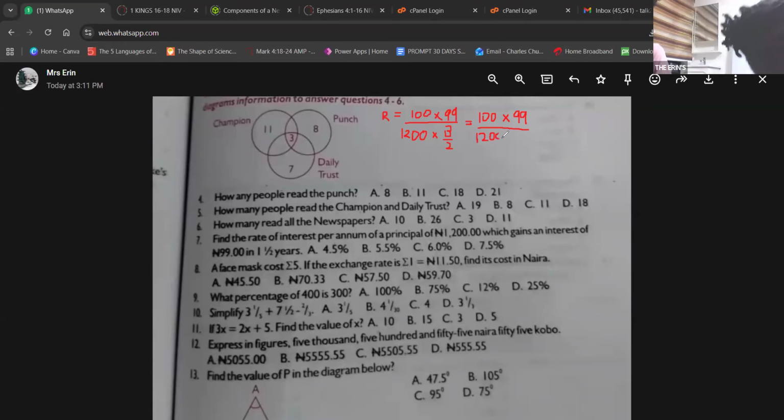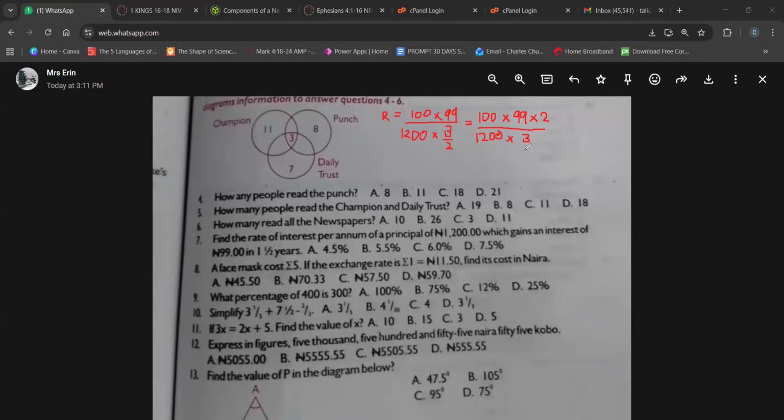Remember that question we did earlier today that said divide both sides by a fraction. What did you do? Did you not flip it at the end of the day? Yes, sir. So if you flip 3 over 2, it will become 2 over 3. Let me show you what will happen. The 2 will find itself on top. And the 3 will find itself where? Beneath.